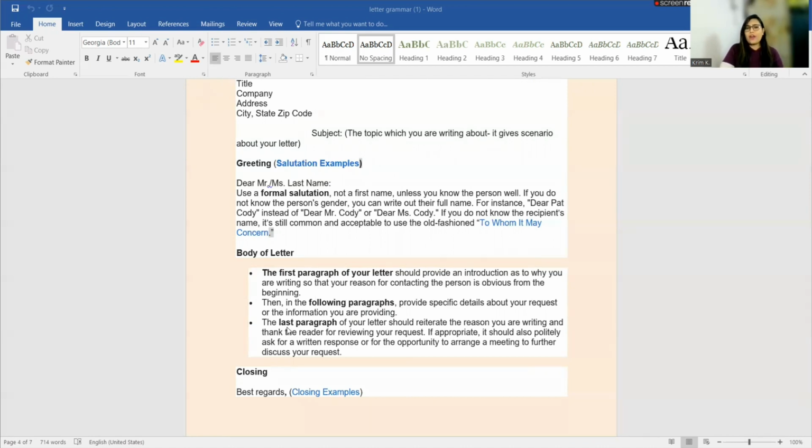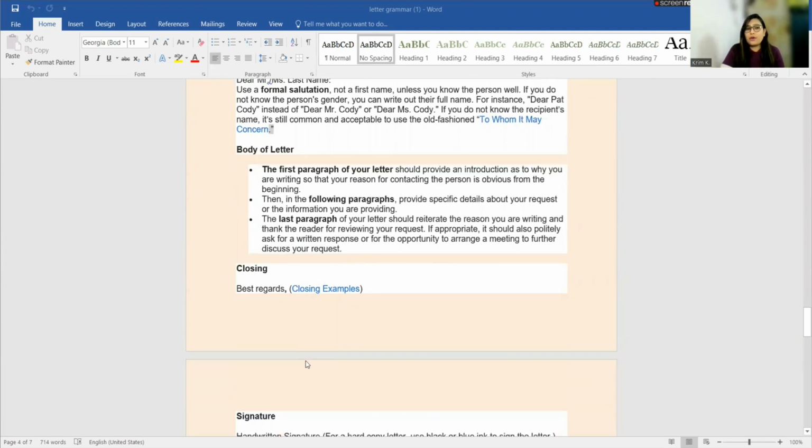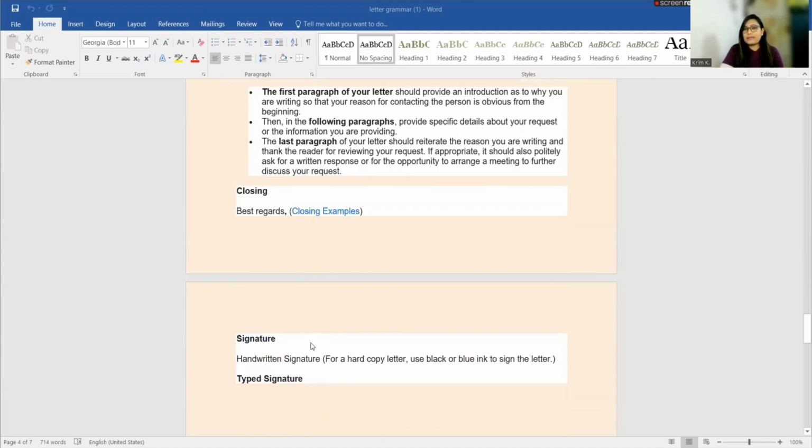The last paragraph of your letter should reiterate the reason you are writing and thank the reader for reviewing your request. If appropriate, it should also politely ask for a written response or for the opportunity to arrange a meeting to further discuss your request. Close with "Best regards", and you can write your signature over here. So you can see over here.